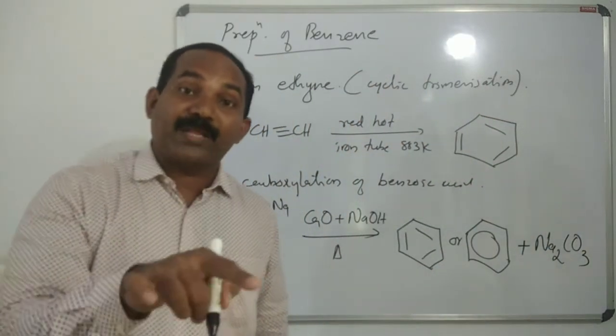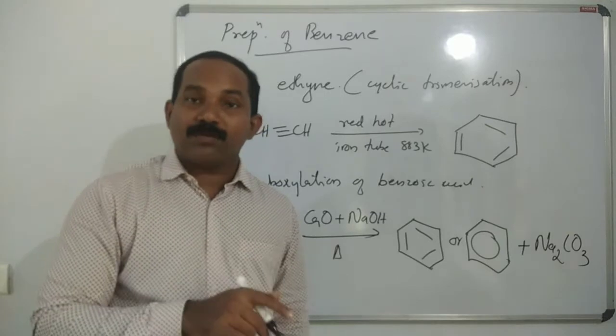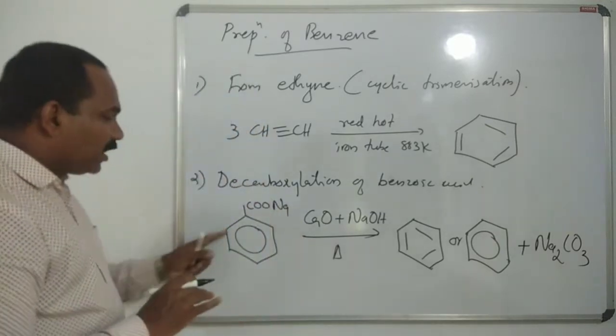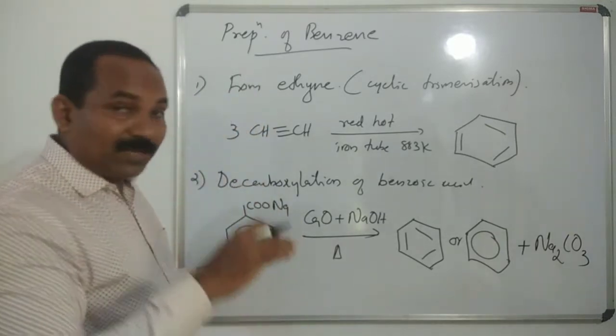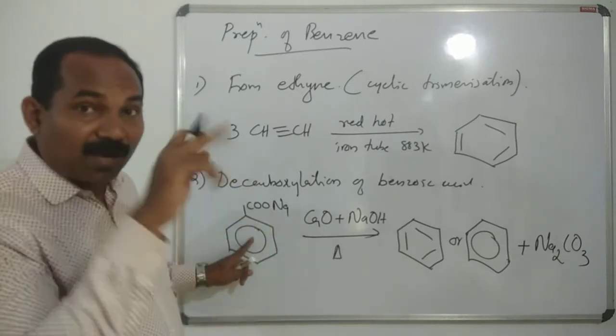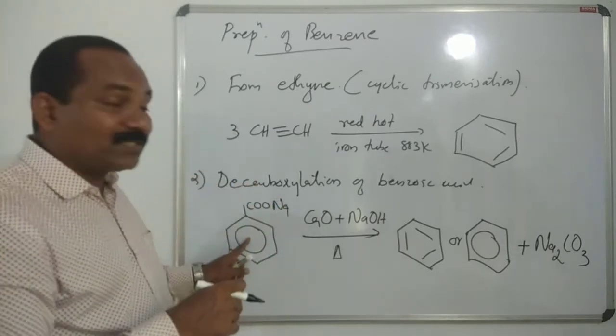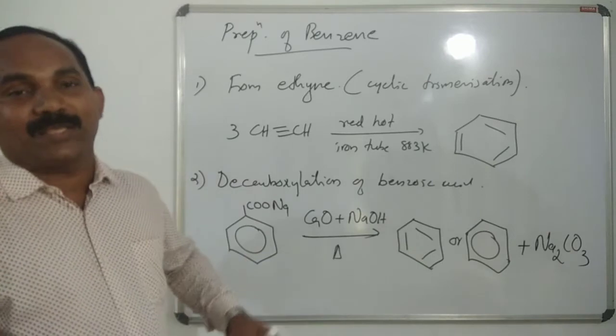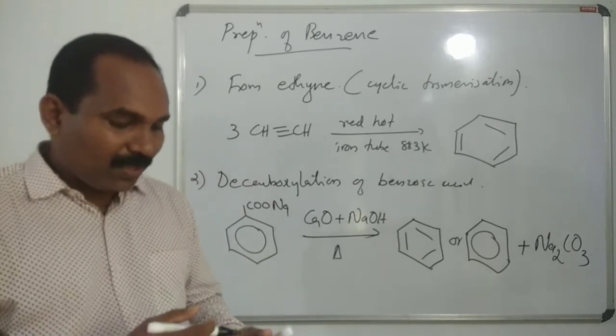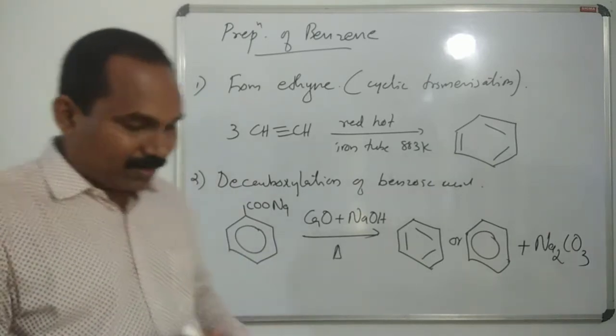You refer to the preparation of alkanes, decarboxylation of carboxylic acid. Same method, instead of the alkyl group, here we take benzoic acid. So that is the second method.